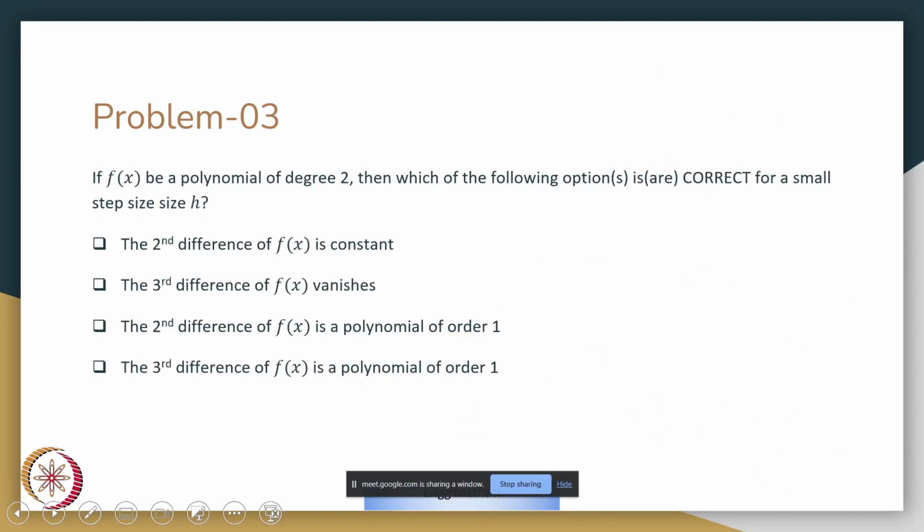Problem number 3. If f of x is a polynomial of second degree, then which of the following options are correct for a small step size h?